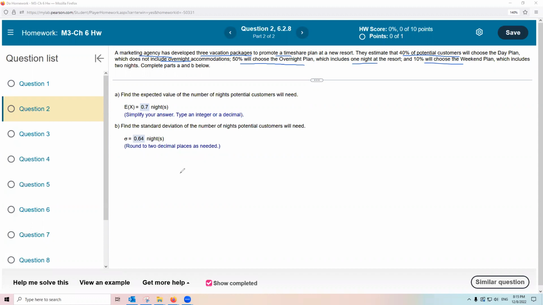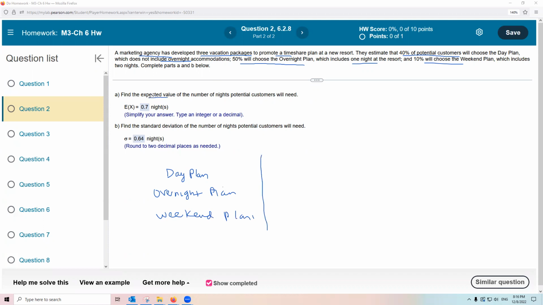So let's make up a little table here just so we can organize this. There's the day plan. Then there's the overnight plan. And then there's the weekend plan. Really what we're interested in here is how many nights, right?